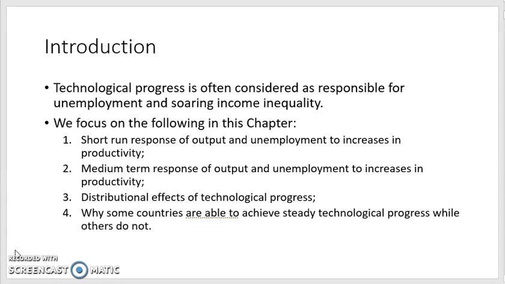This makes it sound easy, and the experience of countries such as China reinforces this impression that if a country cannot produce its own research and development, it can always imitate what other countries are doing. However, it is not that easy. If it was, why are many other countries unable to achieve sustained technological progress and growth? This is the second set of issues we take up in this chapter.